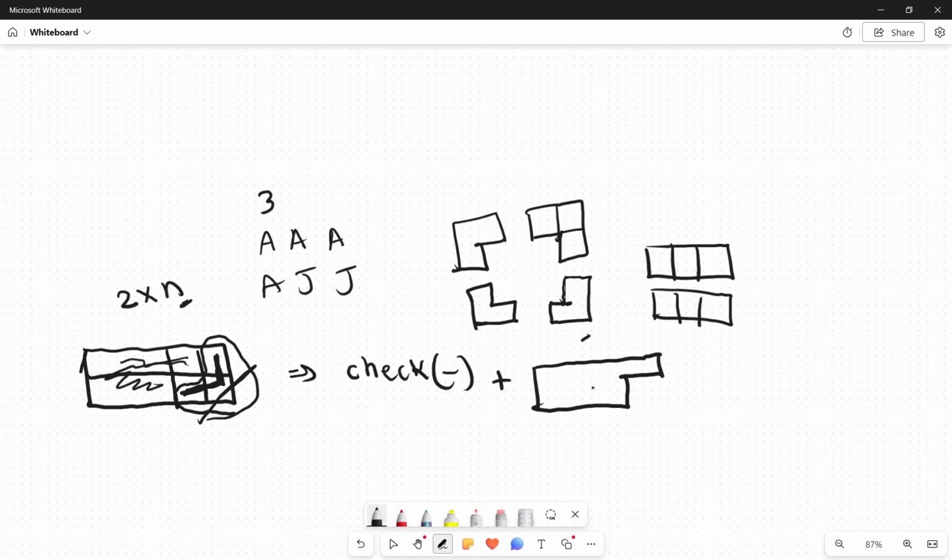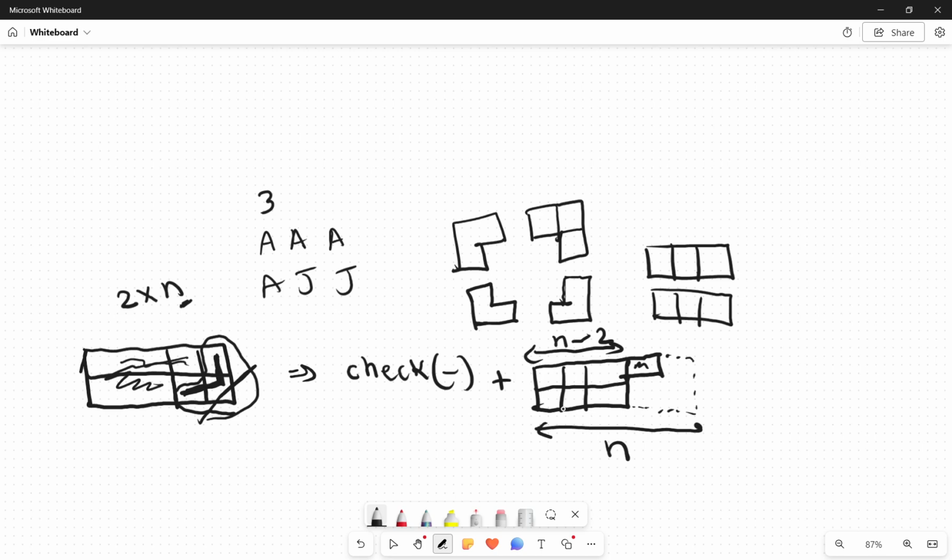plus the answer we get in the remaining place. Here we had total columns n. Now they are n minus 2. Of course, this is one half column, but we are considering it full.